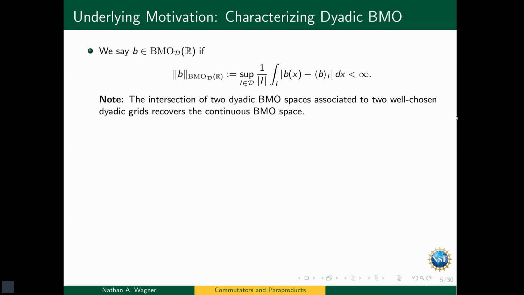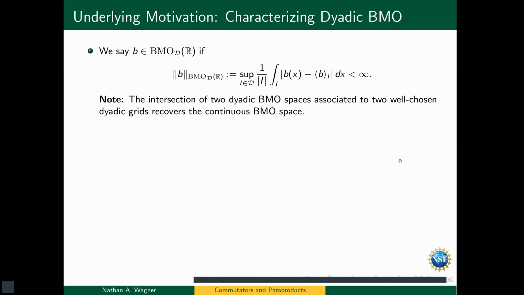I'm going to talk about dyadic grids in a second, but we can define a dyadic BMO space by considering the supremum only over dyadic intervals rather than all intervals in the BMO norm.